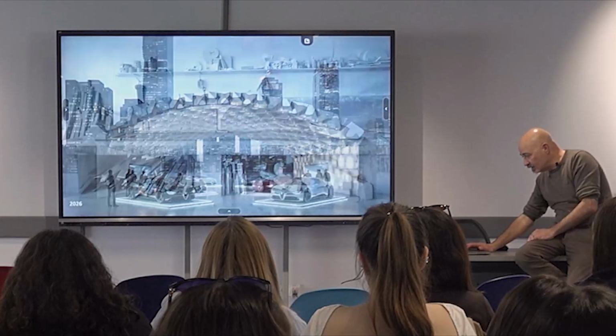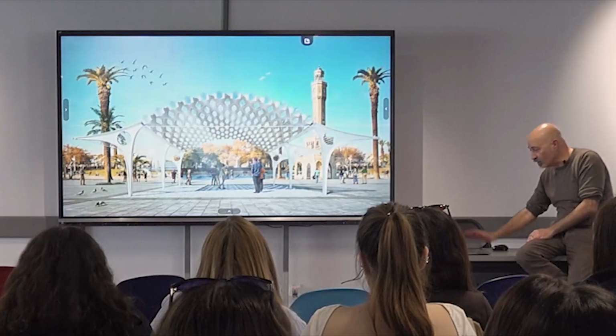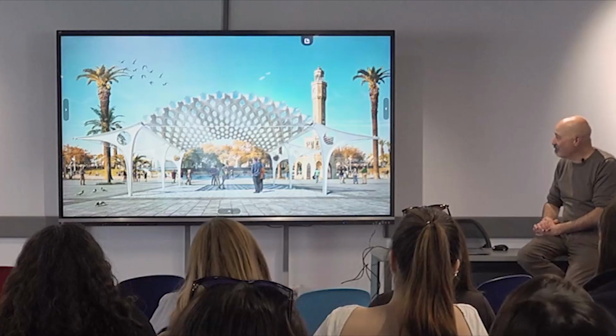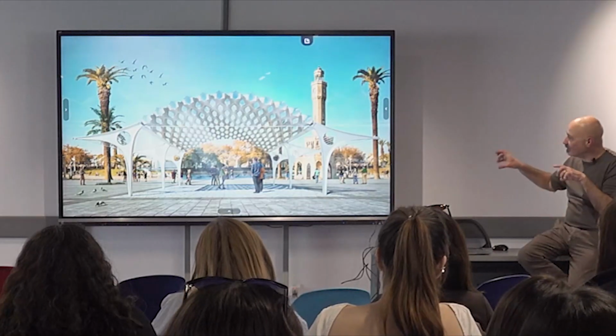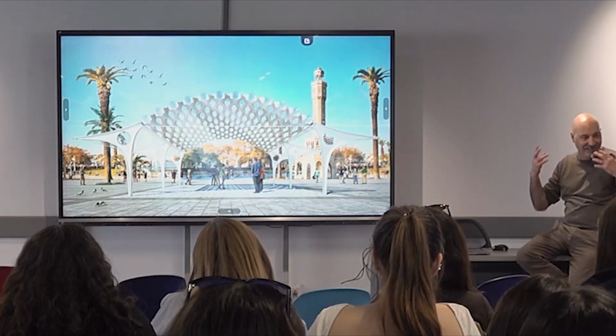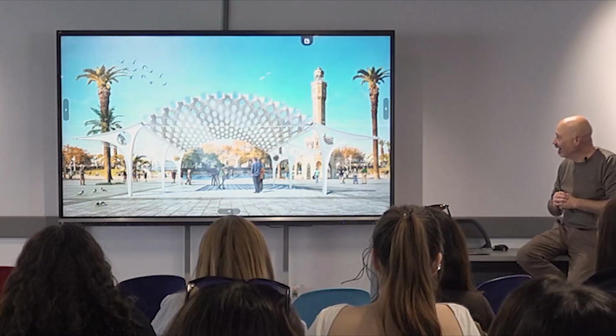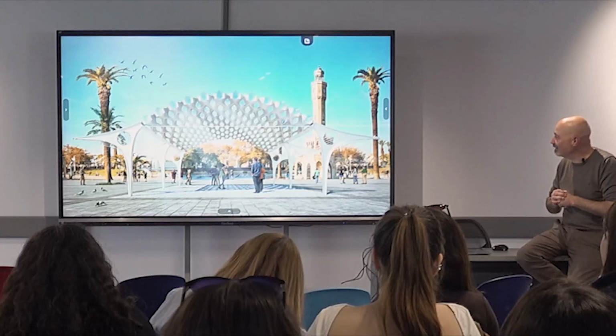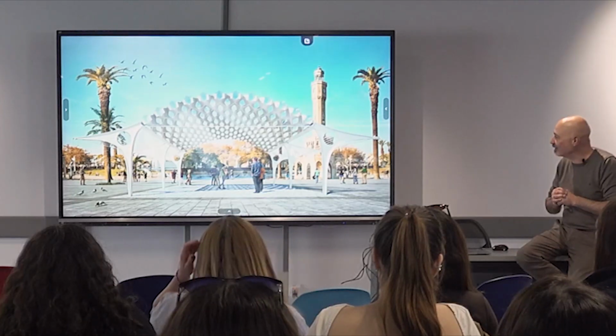So here you can see the variation in some solution, and that is the solution for Smirne. So if you want, that is a romantic solution with still like a Viollet-le-Duc system, like in a principal square in Smirne.